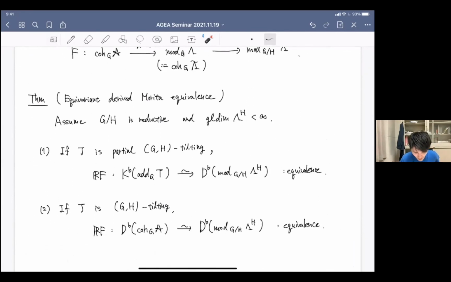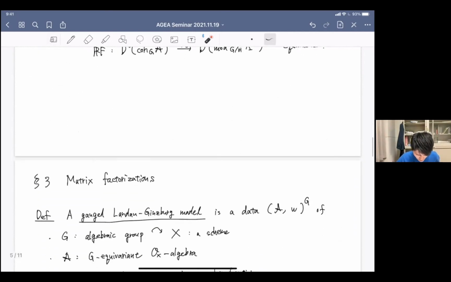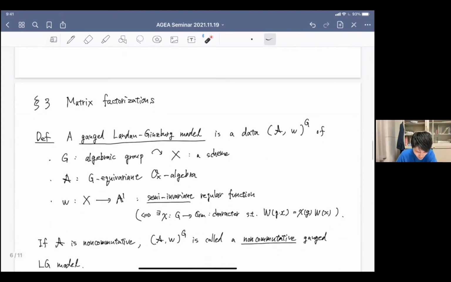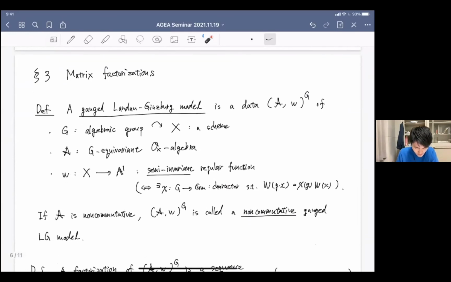But our main goal is to generalize the result to matrix factorizations. And so I will introduce the notion of matrix factorizations. Matrix factorizations are defined for Landau-Ginzburg models.